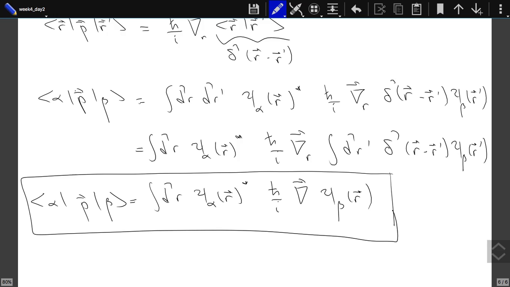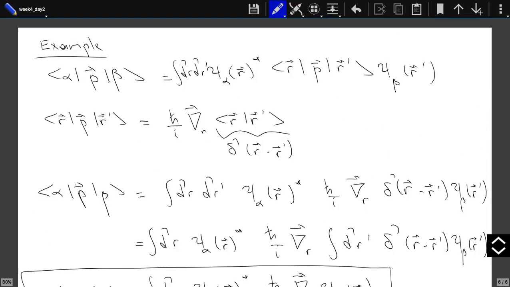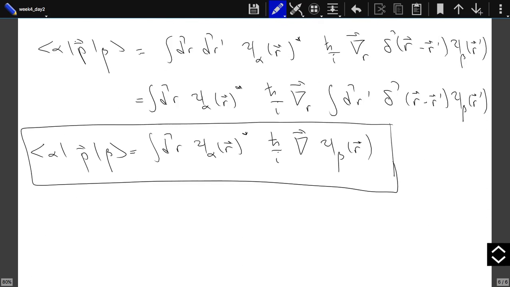In this derivation, the point where we assume that we are working with a single particle is when we were talking about the position kets. We said, okay, this is my position ket, but this is the position of a single particle. So when we are saying this, we are restricting ourselves to systems made up of a single particle. But the generalization to many particles is kind of obvious.